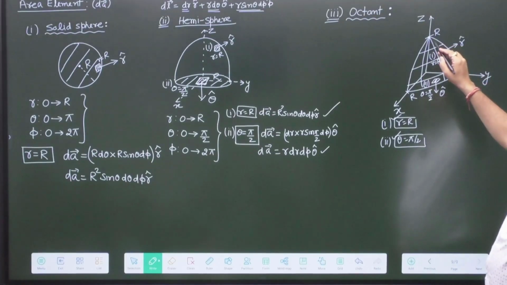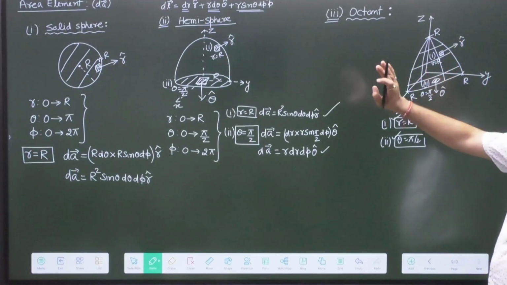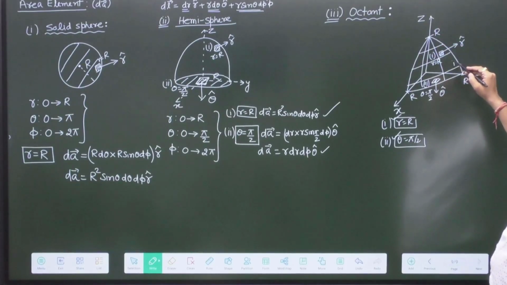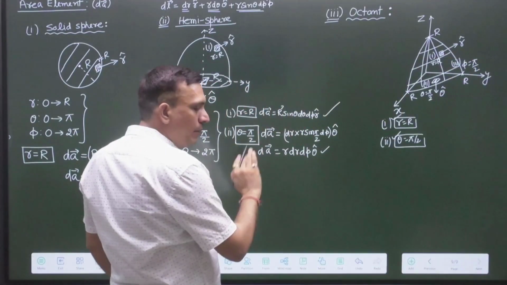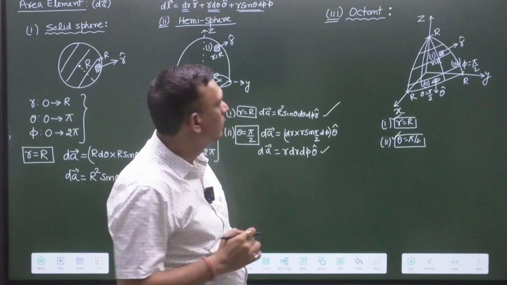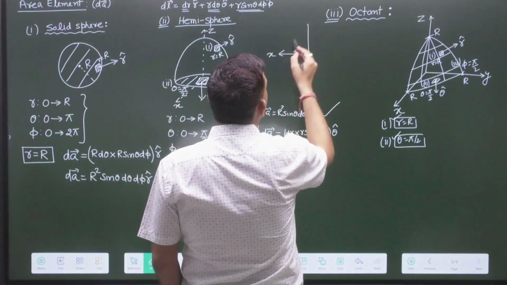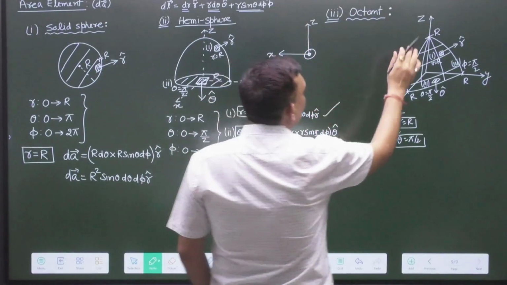Now this is surrounded by the YZ plane on this side, and the XZ plane on this side. So for the YZ plane, let's say surface 3, phi is pi by 2. YZ plane means the YZ plane makes an angle pi by 2 with the x-axis. If this is x, this is z, and this is y, this is the YZ plane.